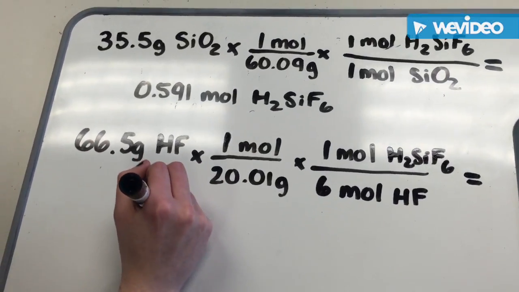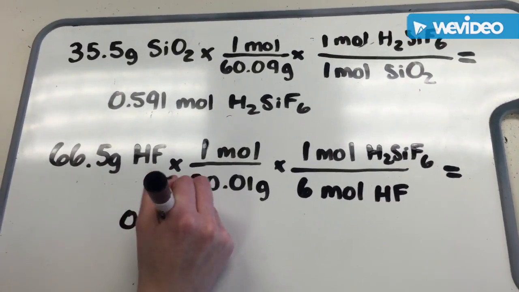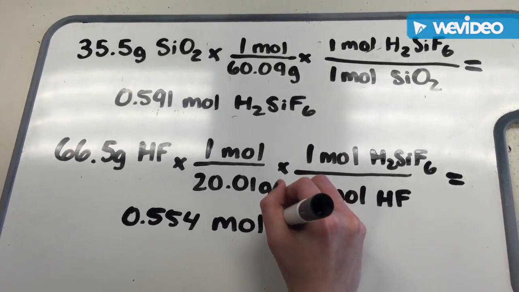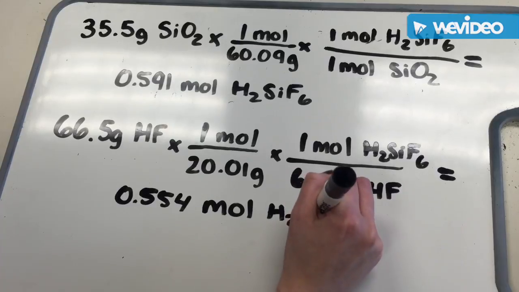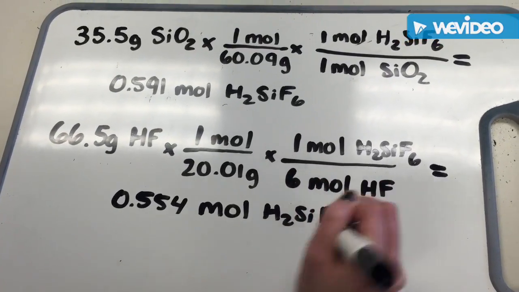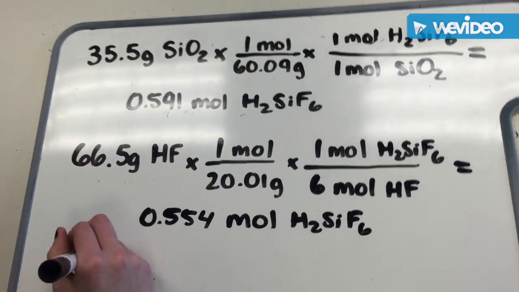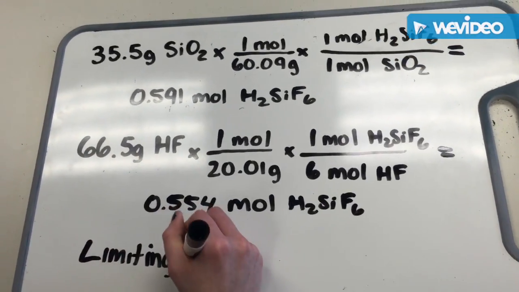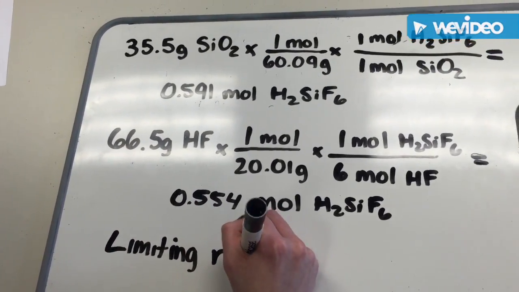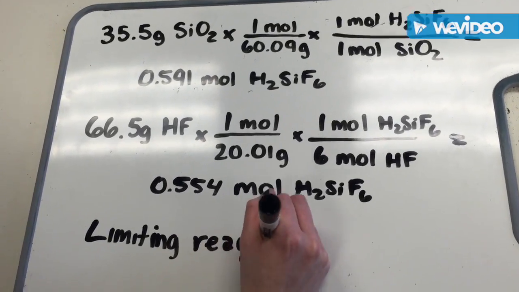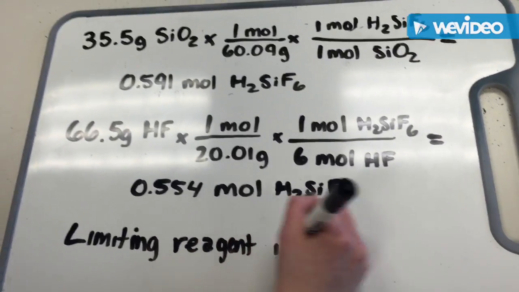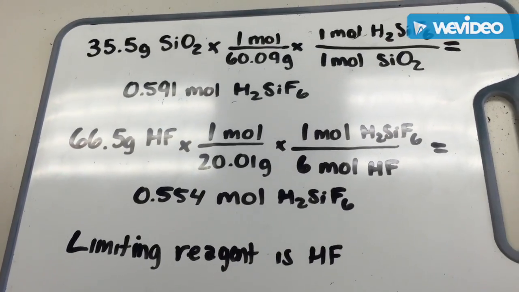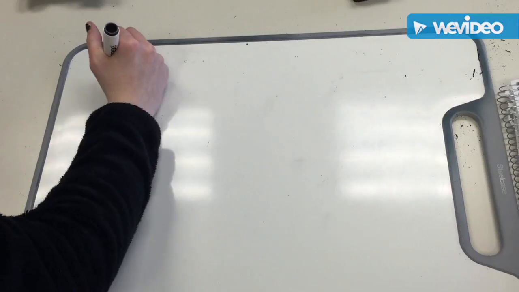When we multiply this out, we got 0.554 moles of H2SiF6. With this information, we know that the hydrogen fluoride is the limiting reactant because it has the smaller amount. So now that we know this, we can move on with the actual questions.